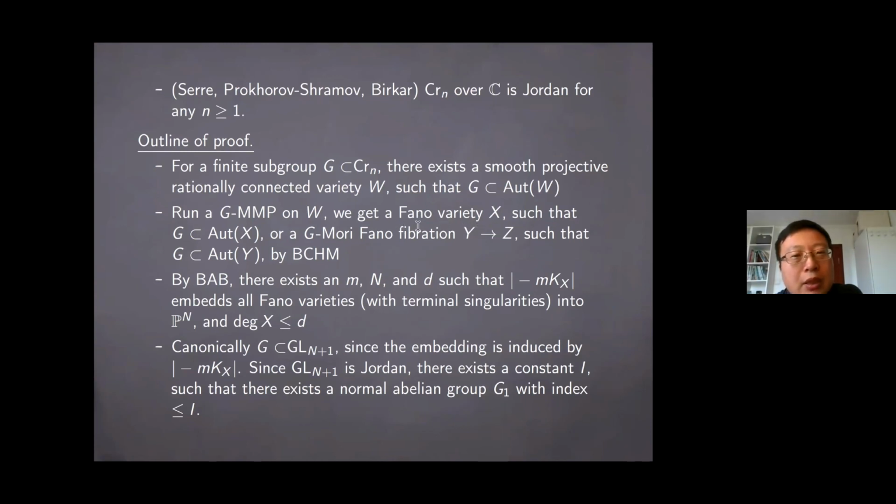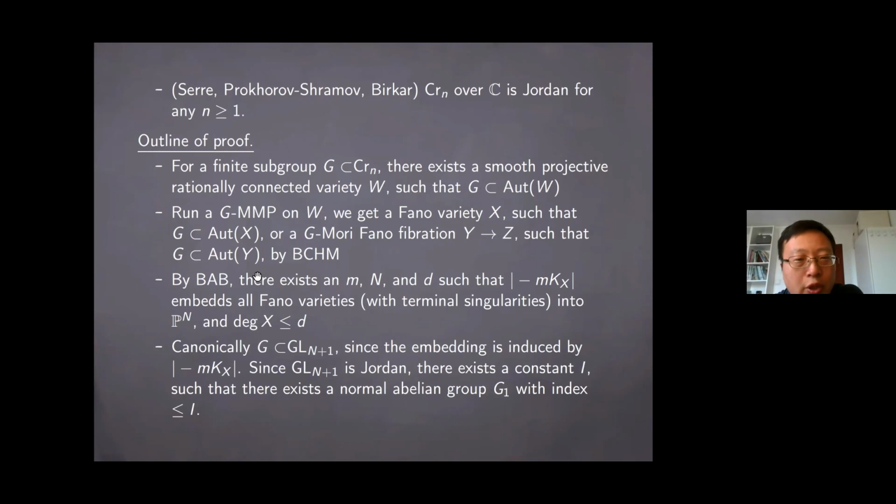But the singularity is not too bad because we are running from a smooth variety. We will get a terminal Fano variety or a G-Mori fiber space Y to Z, such that G is a subgroup of Aut(X) or of Aut(Y), by the results of BCHM.